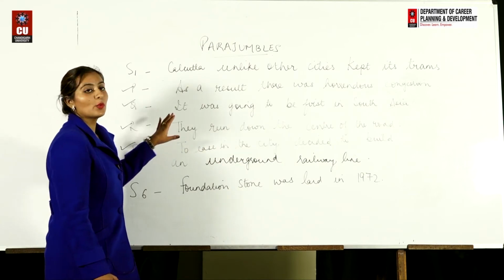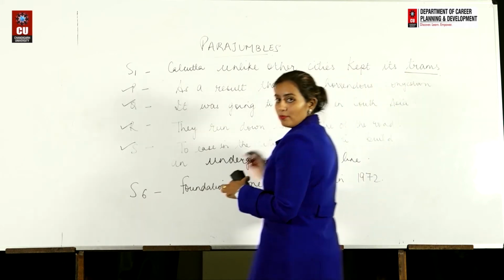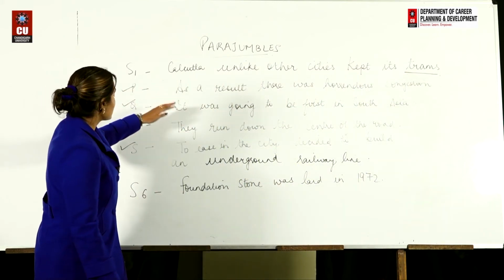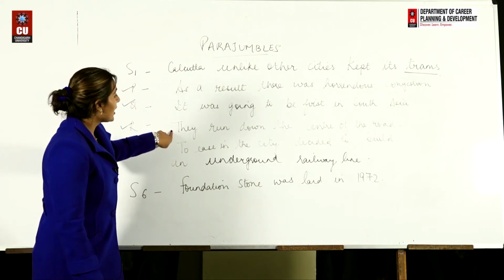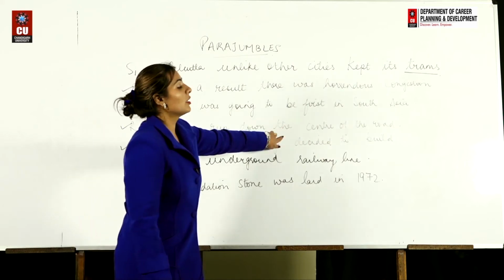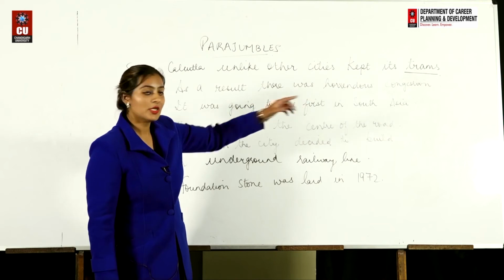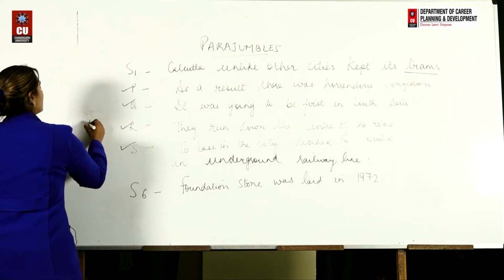So basically what they're talking about is the trams. So Calcutta, unlike other cities, kept its trams. If I look at all these sentences, I look at this one: they run down the center of the road. So they, what? The trams. So they run down the center of the road. Let's keep it as R.